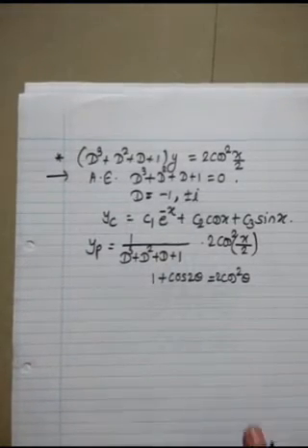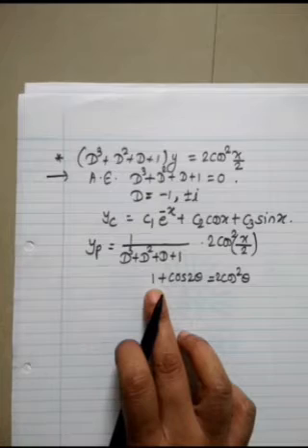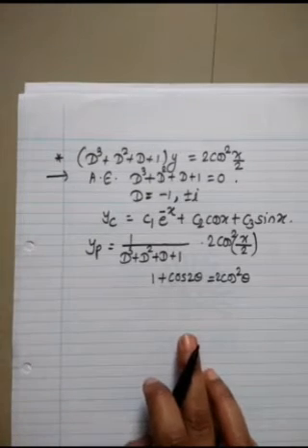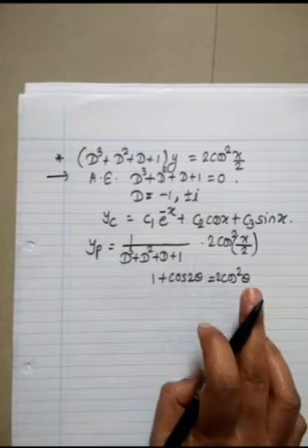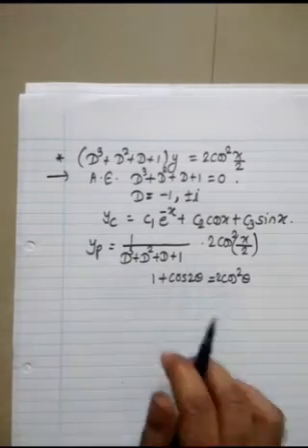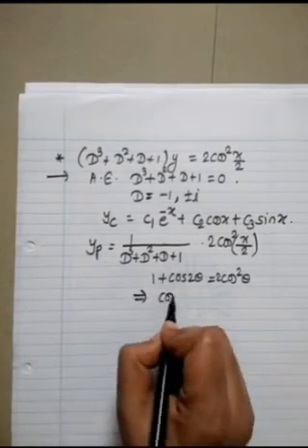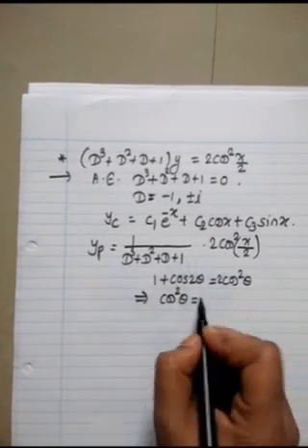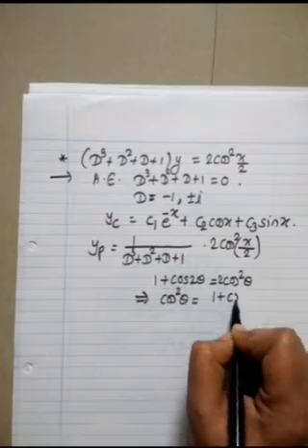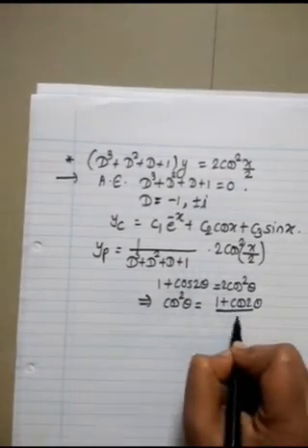Correct? Yes, this is the correct one. Very good. So cos square theta can be written as 1 plus cos 2 theta by 2.